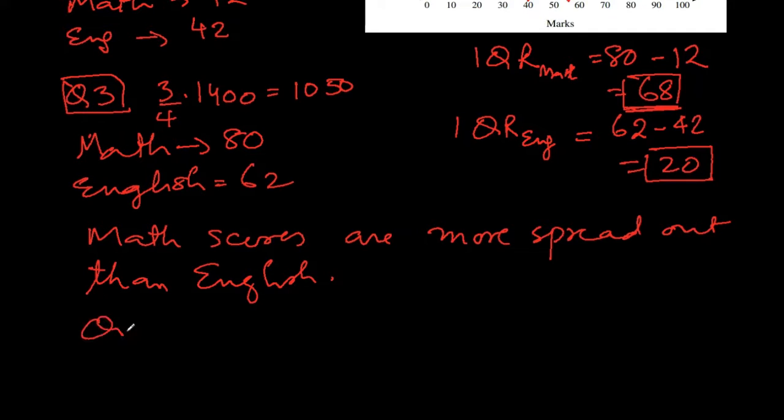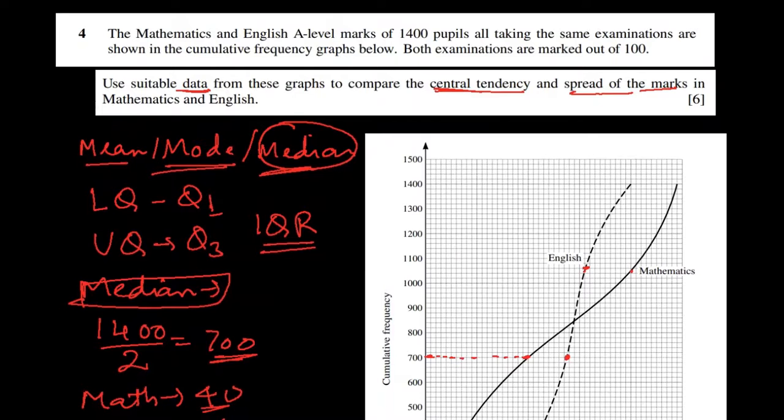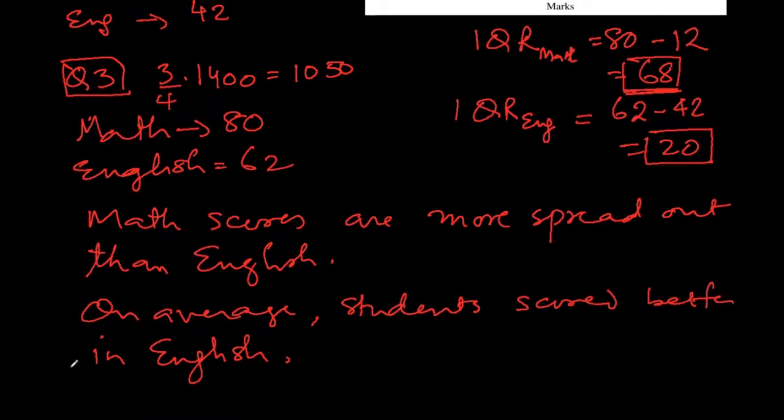On average, students scored better in English. These are the statements based on data. They did not ask us to draw anything, just analyzing the data. This is our conclusion.